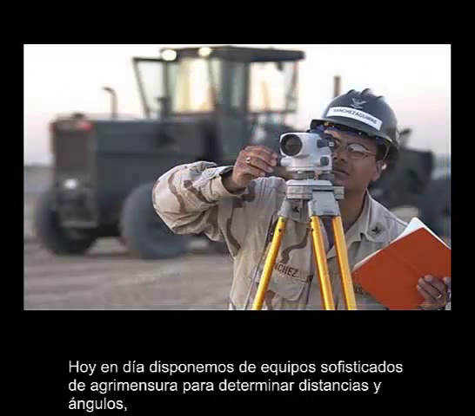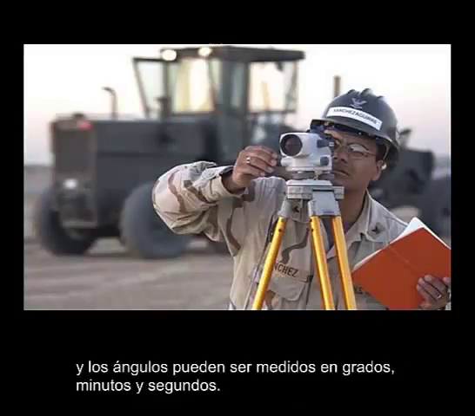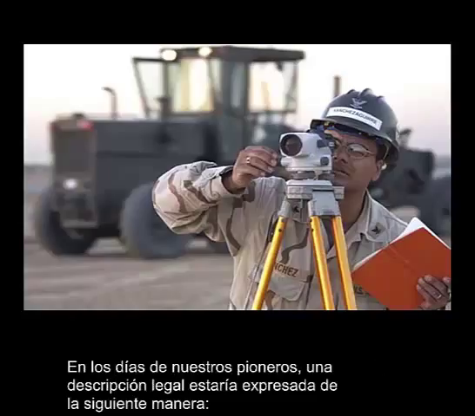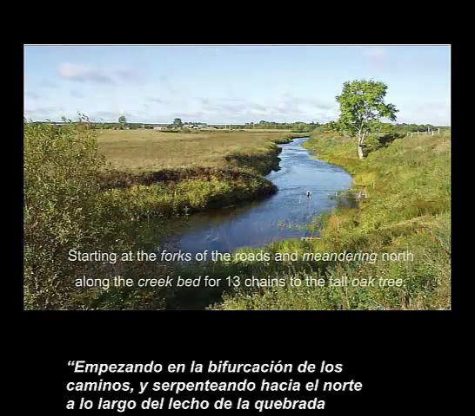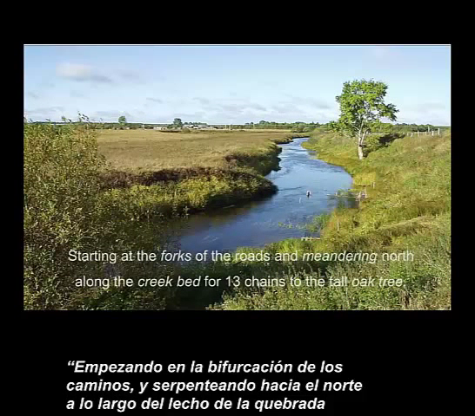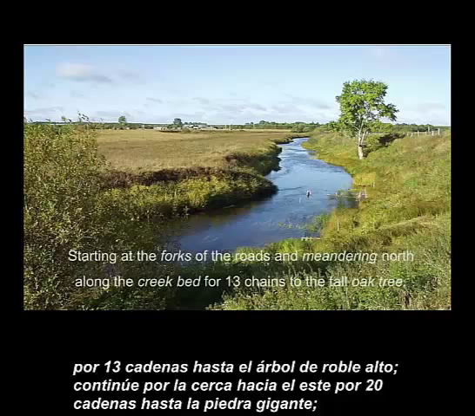Today, we have sophisticated survey equipment to determine measurements and angles. The angles can be measured in degrees, minutes, and seconds. In the pioneer days, a legal description could read, starting at the forks of the road and meandering north along the creek bed for 13 chains to the tall oak tree.